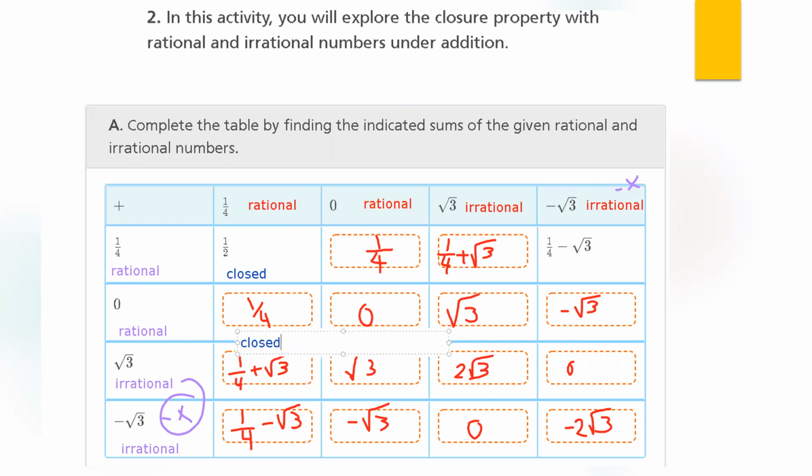So it's closed. Now, irrational with rational, the answer here is irrational. So it's not closed. It's not inside it. Now, irrational plus rational, it's also not closed.